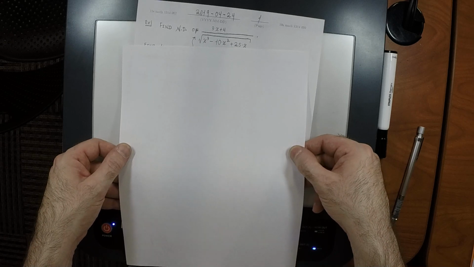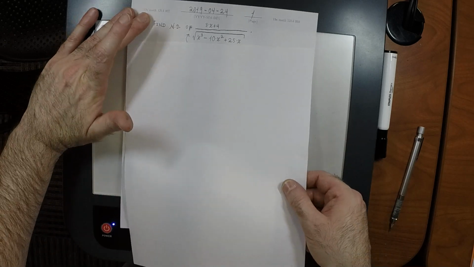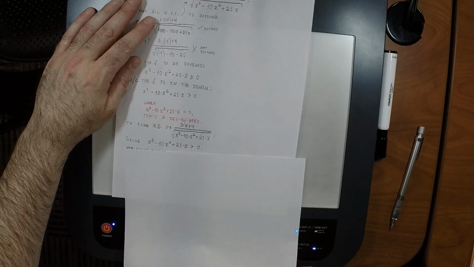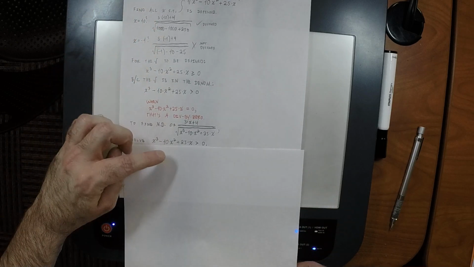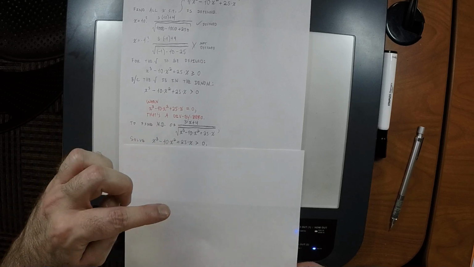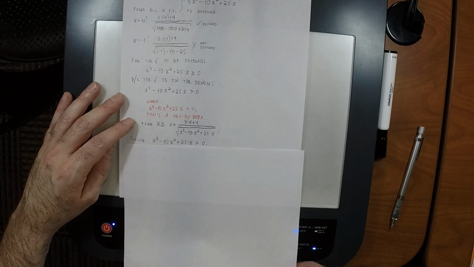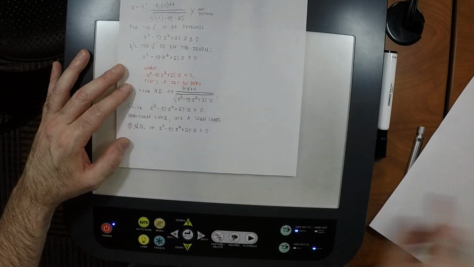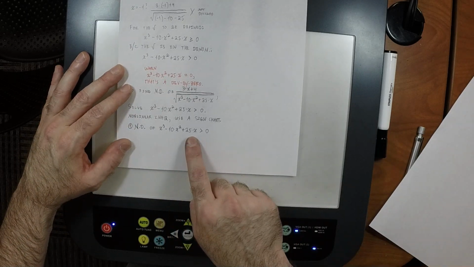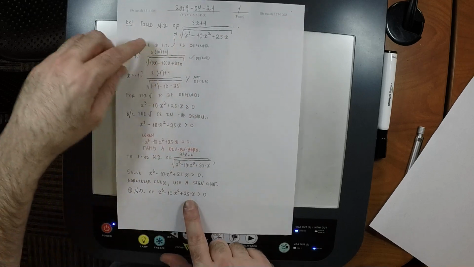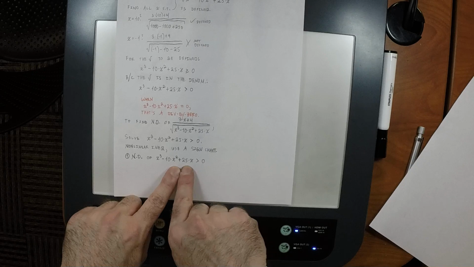Then after some considerations, we said, well, that means we need to solve that inequality. And because it's a nonlinear inequality, we'll use a sign chart. The first step of a sign chart is to find the natural domain of that inequality.